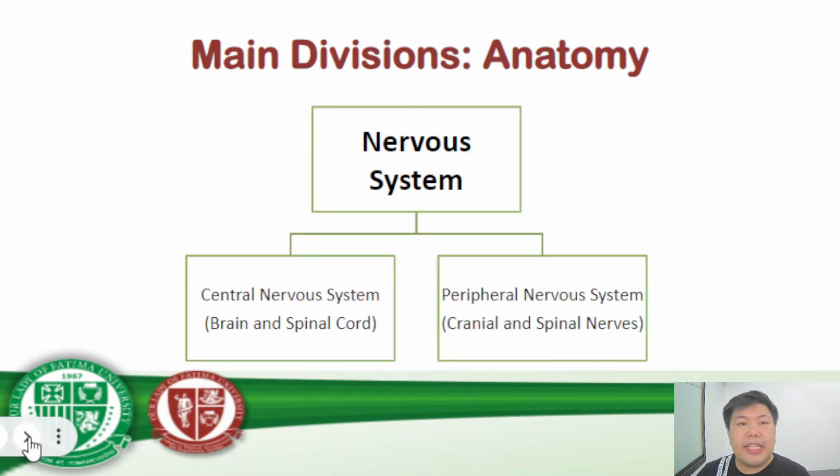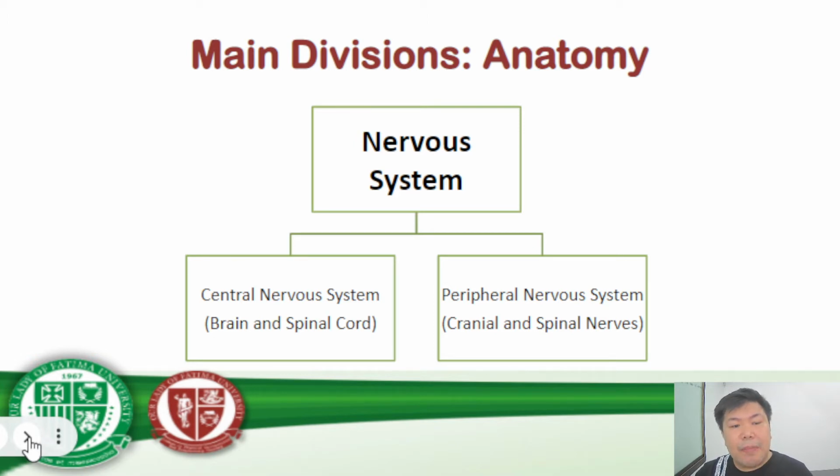So first, I want to introduce to you the divisions of the anatomy of our nervous system. So basically, when we talk about the structures and the parts of the nervous system, they are divided into two main divisions, the central nervous system and the peripheral nervous system. When we talk about the central nervous system, it is composed of two important organs, the brain and the spinal cord.